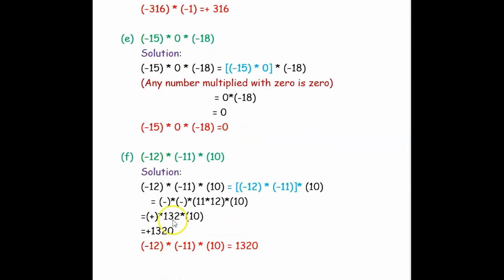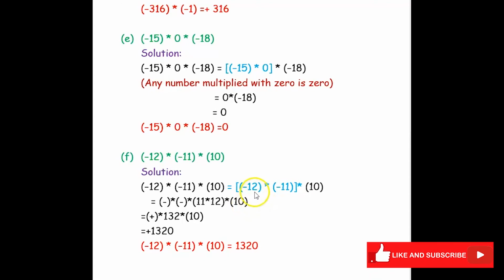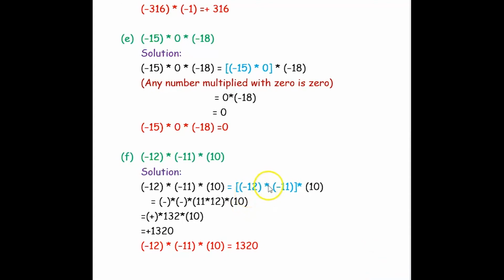Next question is negative 12 into negative 11 into 10. Now, using the associative property, I am first associating negative 12 and negative 11, putting them in a parenthesis: parenthesis negative 12 into negative 11, into 10. First I am going to do the operation with the integers inside the parenthesis. Here I have negative 12 and negative 11.